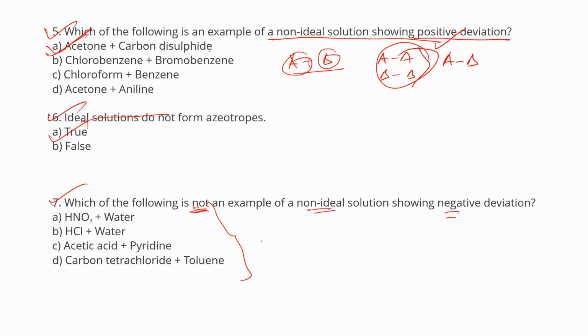That means it shows positive deviation. First we have to understand the question: not an example of negative deviation means it will show positive deviation. So carbon tetrachloride and toluene will show positive deviation.